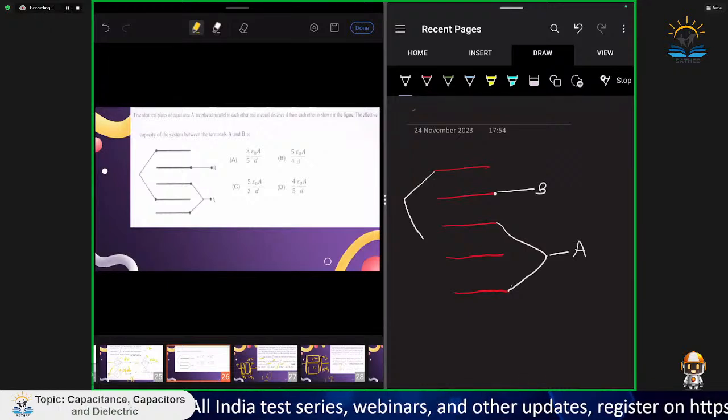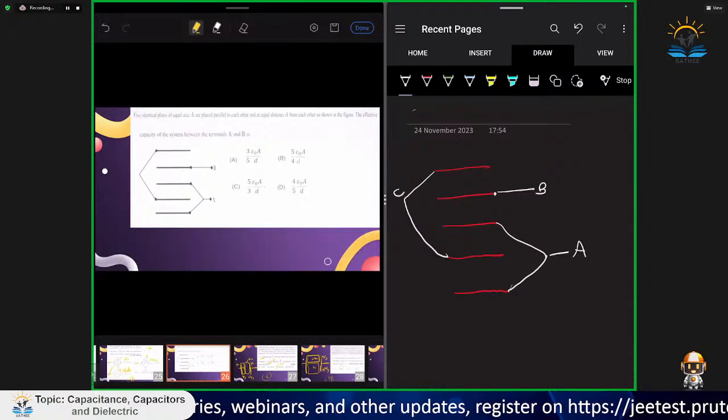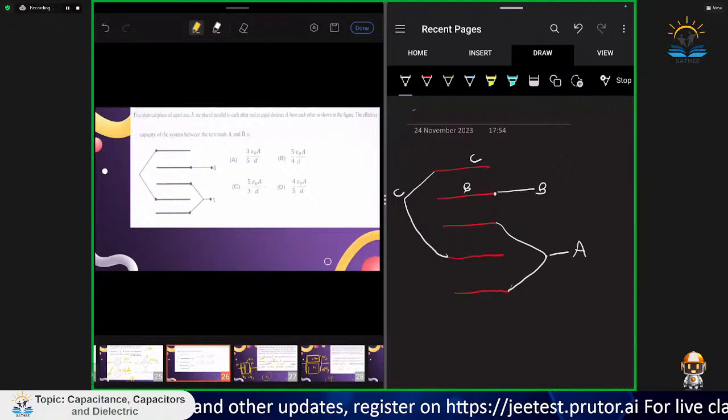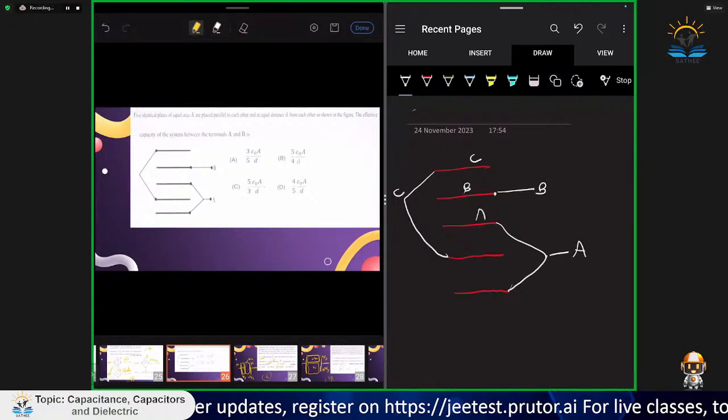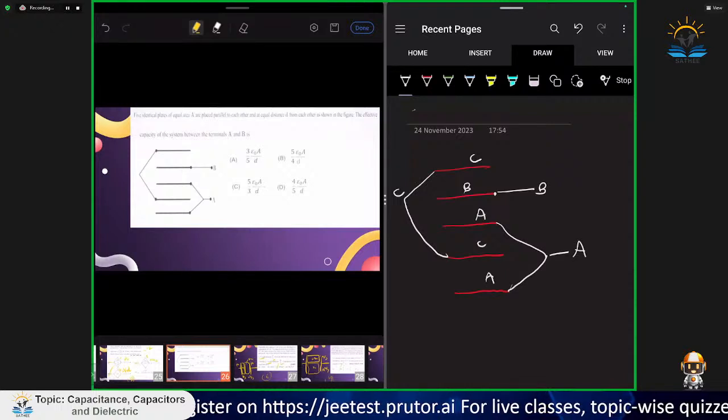These and these are connected. This is C, this is C, this is C. This B, A, C, A. So how many pairs do we have here?